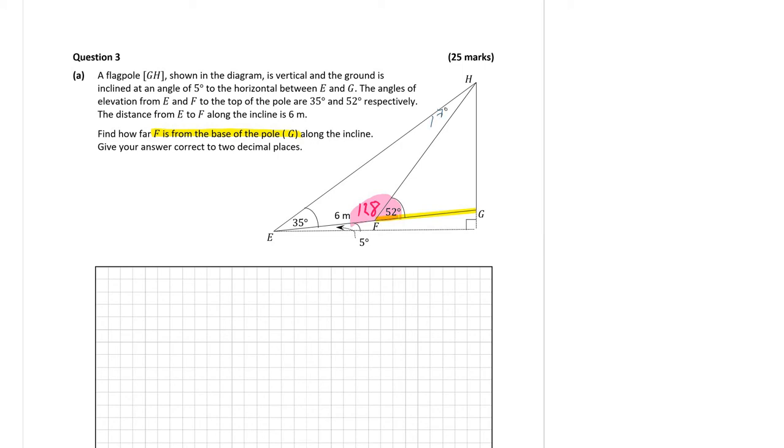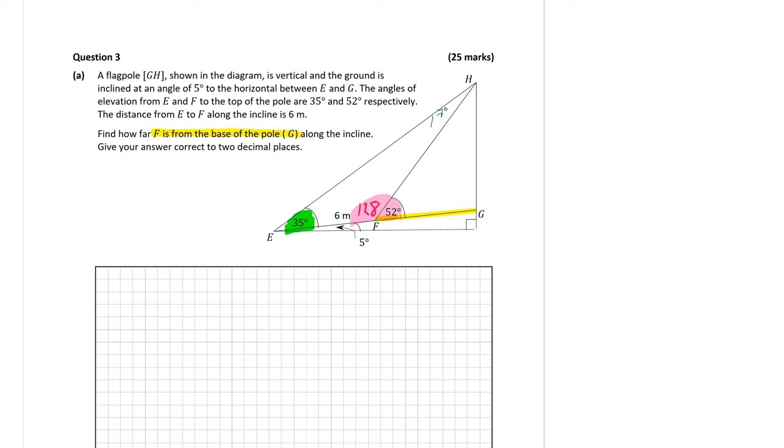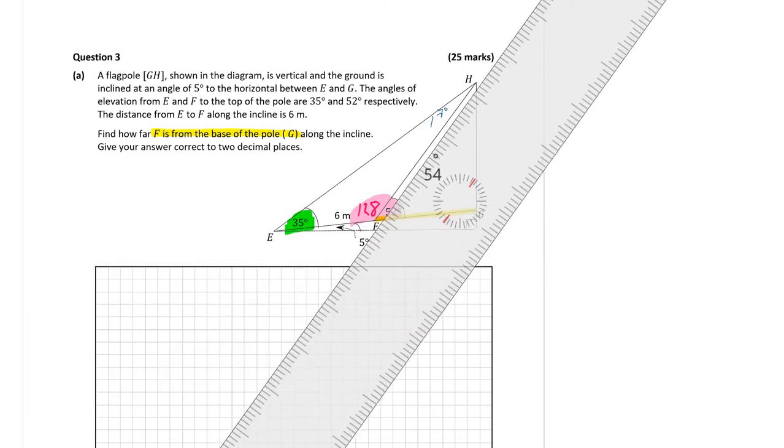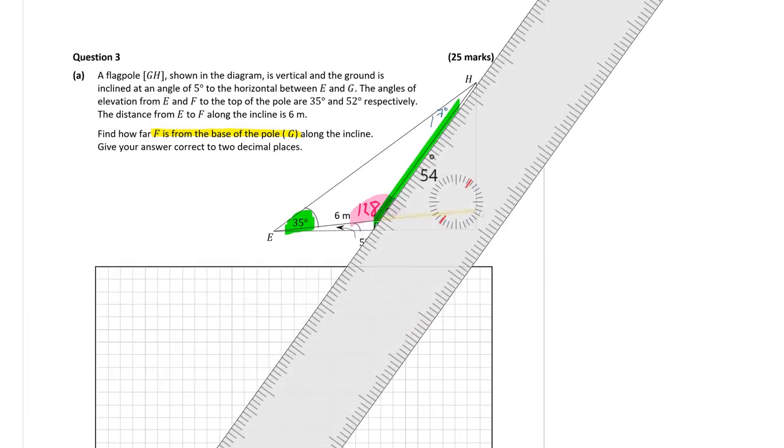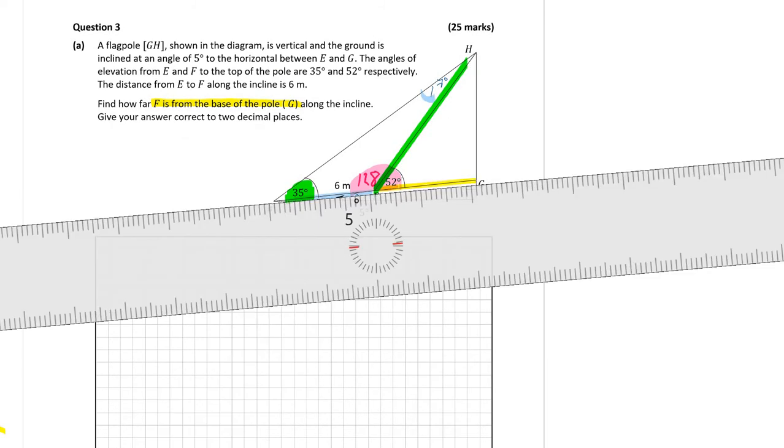Now I'm going to use the fact that that's 17 and that its opposite side is 6, and also the fact that the angle HEF is 35. So ignoring the triangle on the right, I'm just going to say that this angle and its opposite side in the sine rule are in proportion to this angle and its opposite side.